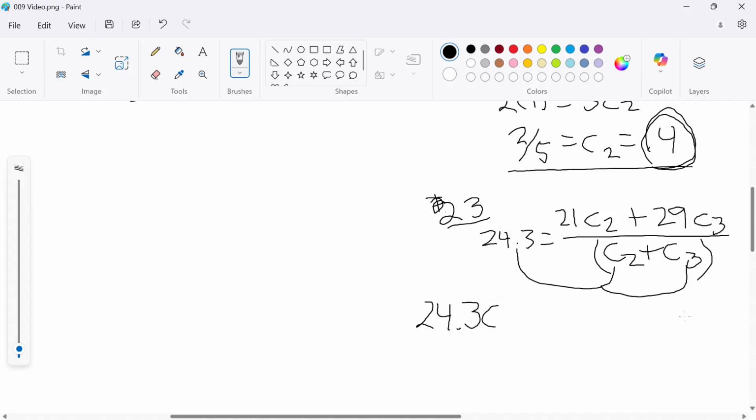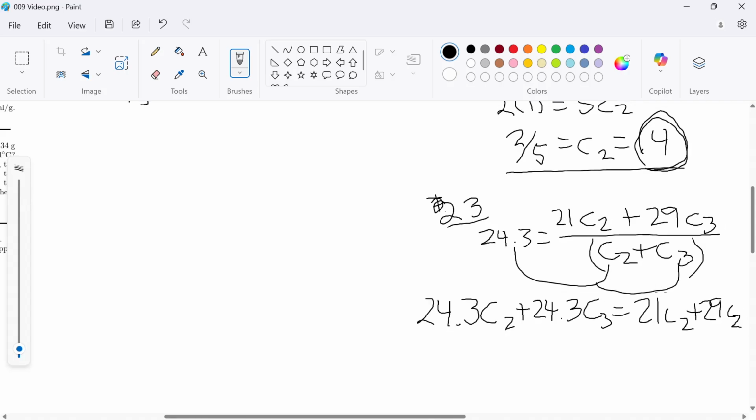24.3 C2 plus 24.3 C3 equals 21 C2 plus 29 C3. I was thinking about plugging in the 0.4 now, but I think if I plugged it in too early, it would just complicate things.